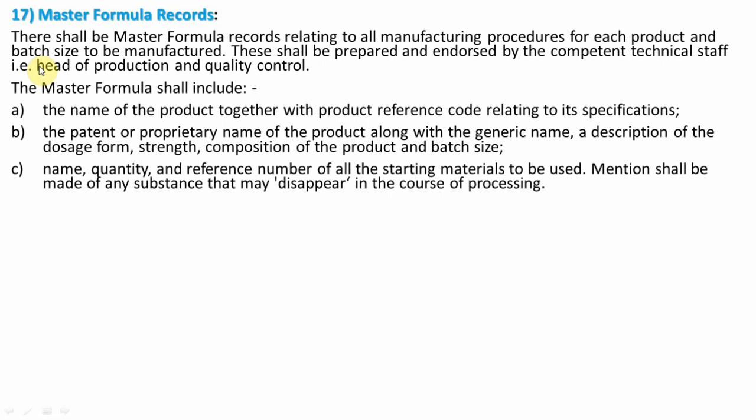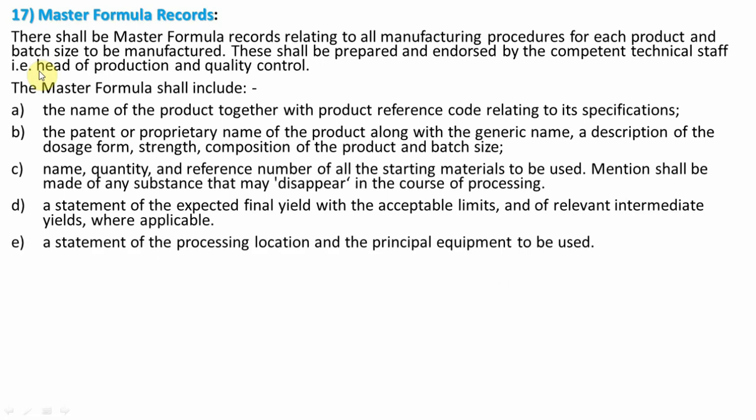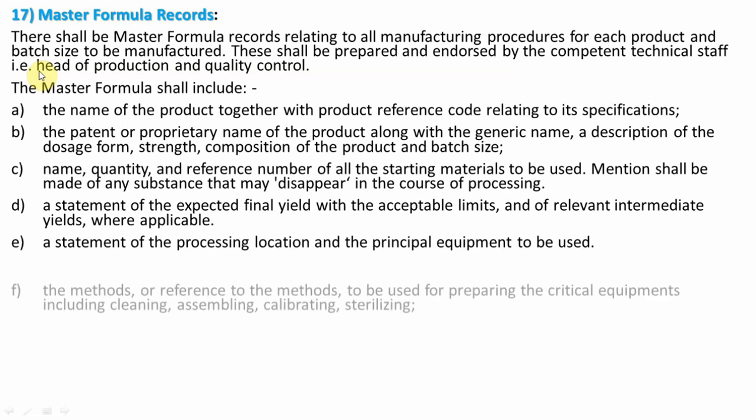Then name, quantity and reference number of all the starting materials to be used. Mention shall be made of any substance that may disappear in the course of process. Then a statement of expected final yield with the acceptable limits. Then a statement of the processing location and the principal equipment to be used.